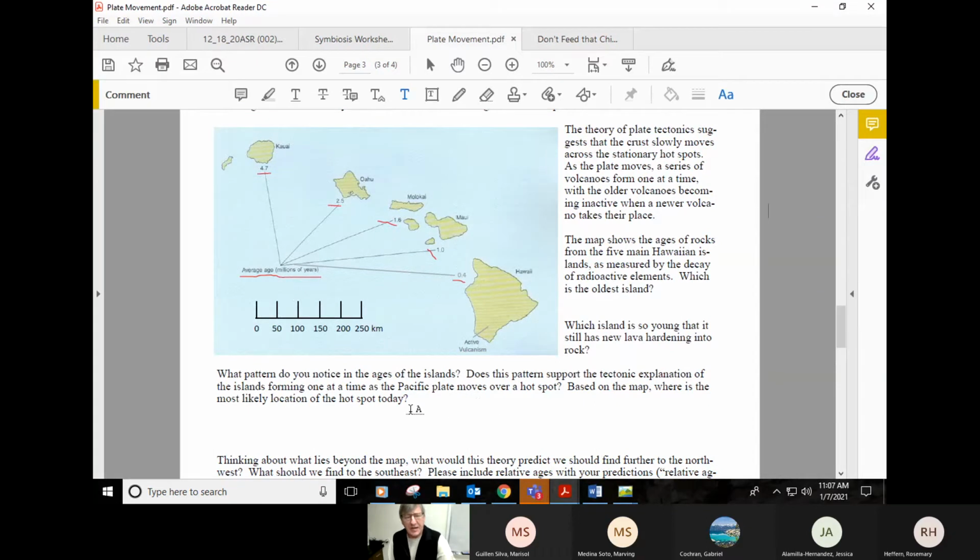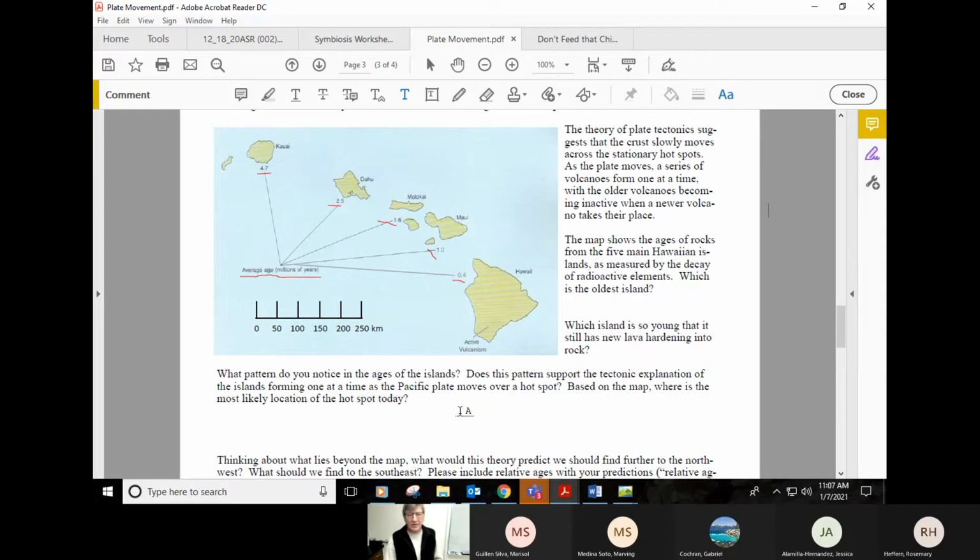To support that, we would have to see that the islands are all in a line with the ages being in order, where we don't have like the oldest one in the middle of the line. We have them going in order from youngest to oldest. If they do that, that would support this tectonic explanation of the islands forming over a hotspot as the plate moves over it.